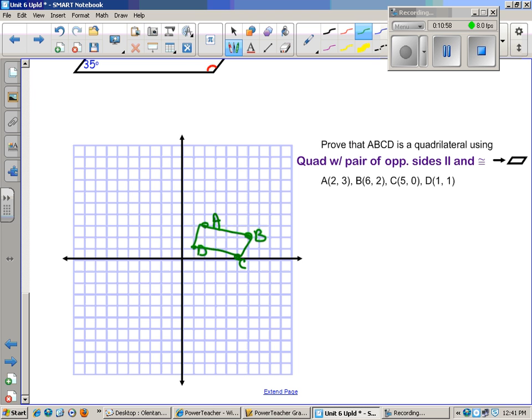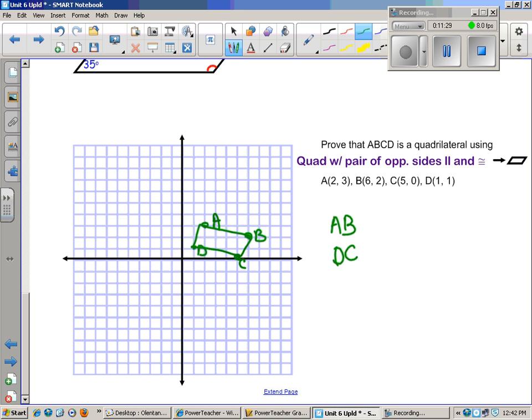And I have to prove that opposite sides are parallel and congruent. So first I have to pick a pair of opposite sides. So pick for me. AB and DC. Okay. So we're going to use AB and DC. And we have to prove that those two are parallel first.